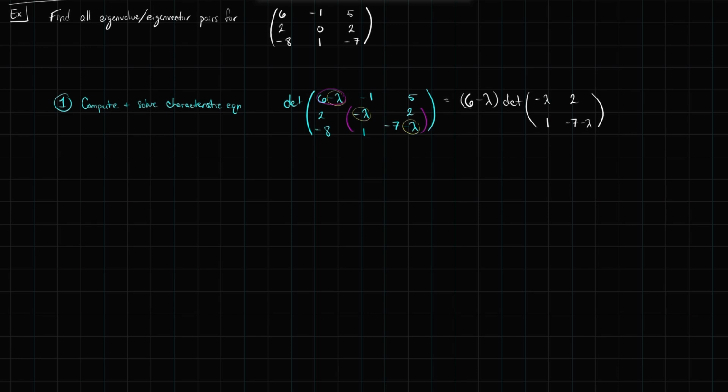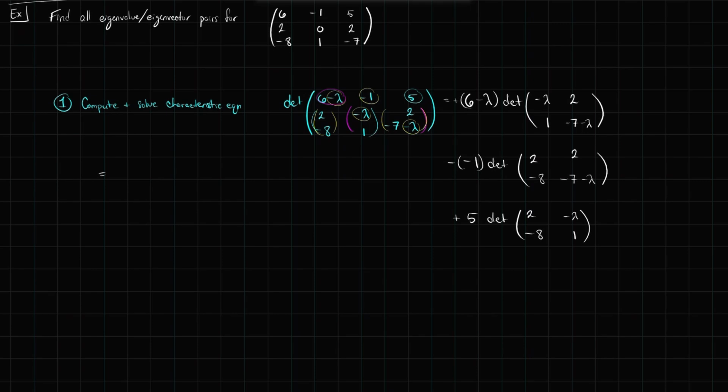The second term was -1, times the determinant of the submatrix 2, -8, 2, -7 minus lambda. Then the third entry is a 5 with the submatrix in the bottom left, so we have a 5 times the determinant of the submatrix 2, -lambda, -8, 1. Then we follow with a plus minus plus sign pattern.